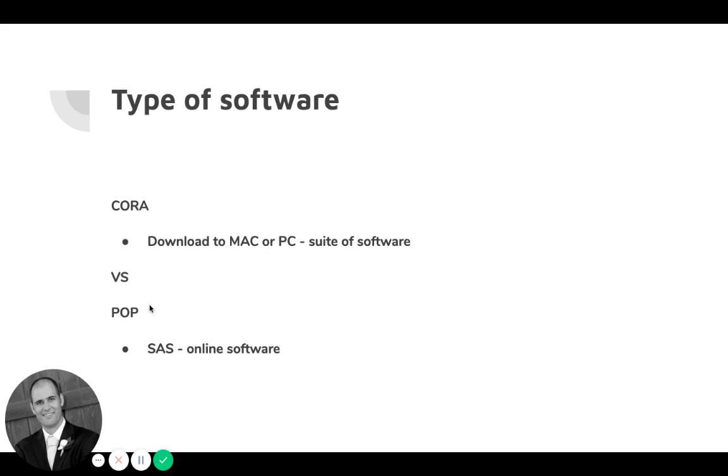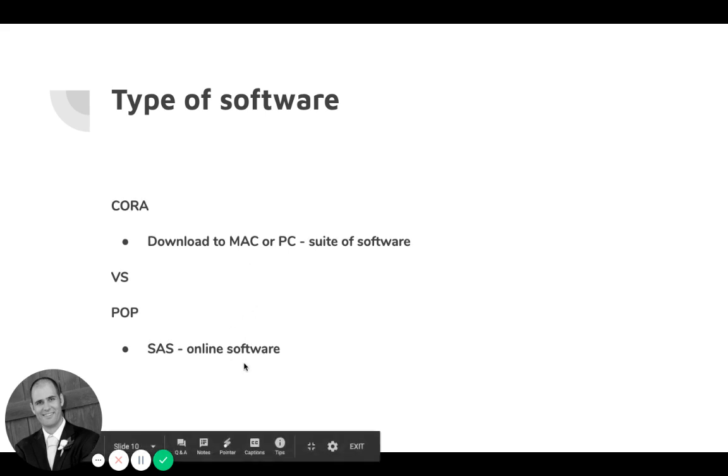But if you compare that to POP, POP's SaaS software, so it's online, and you go in and run your reports online, and then you can download them to Excel. So people do have issues with Page Optimizer Pro, but certainly in comparison, not as many issues as I've had with CORA, as it's all online.